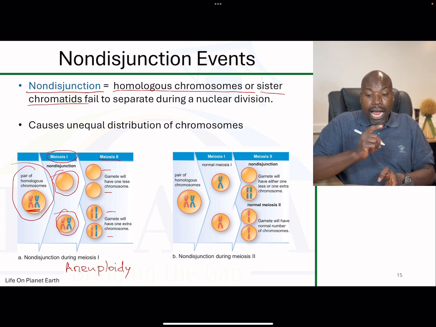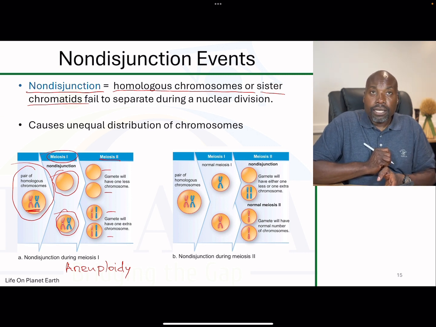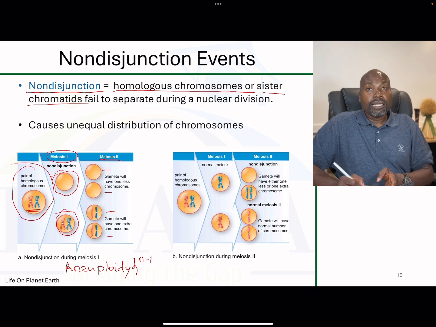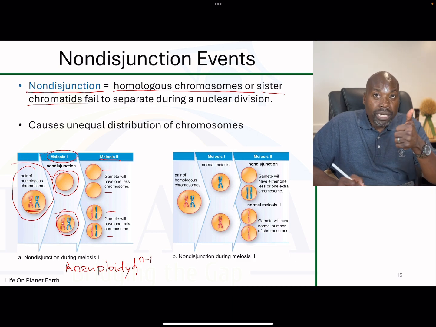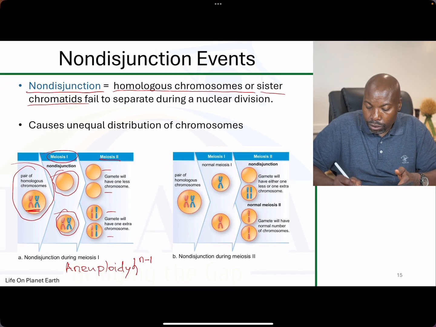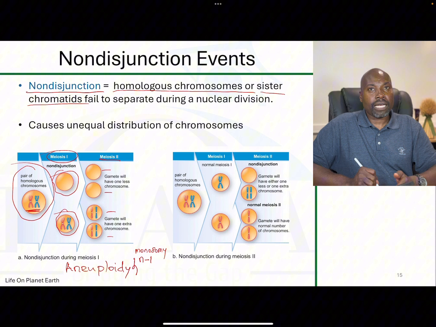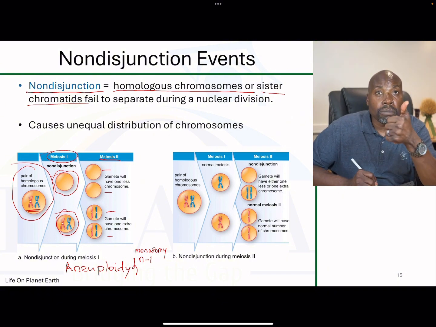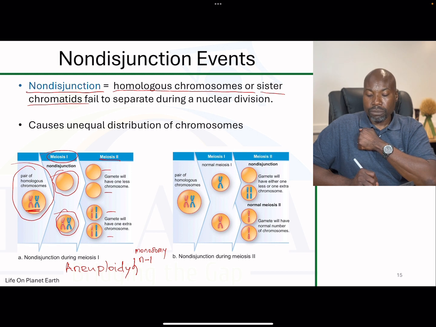Aneuploidy means you can be missing 1 chromosome, n-1. That's a case of monosomy, meaning that you are missing 1 chromosome; you only have 1 chromosome among the homologous chromosomes.